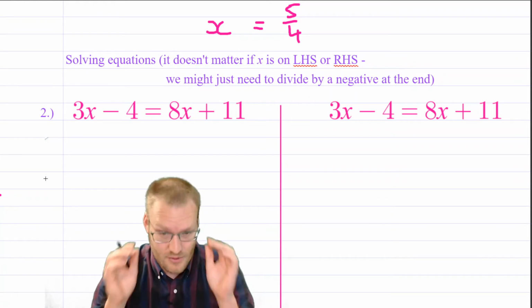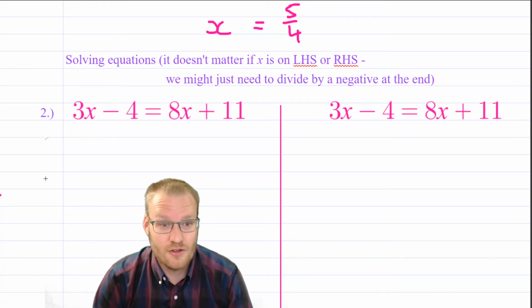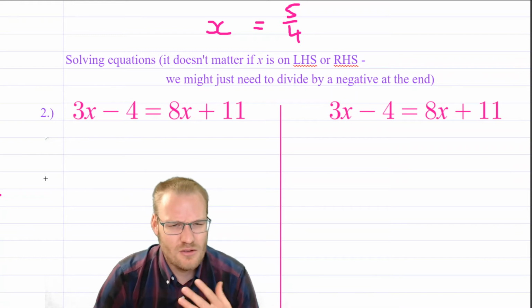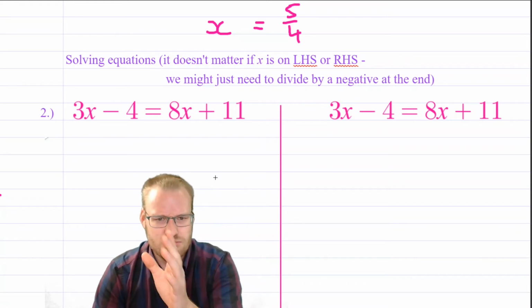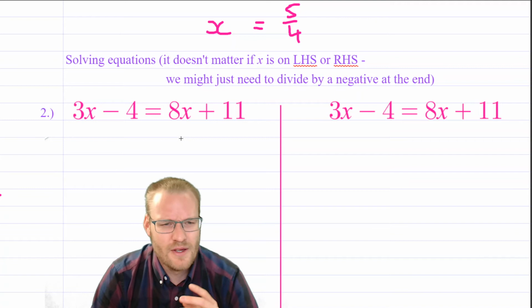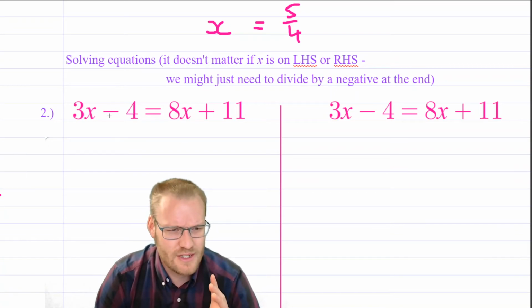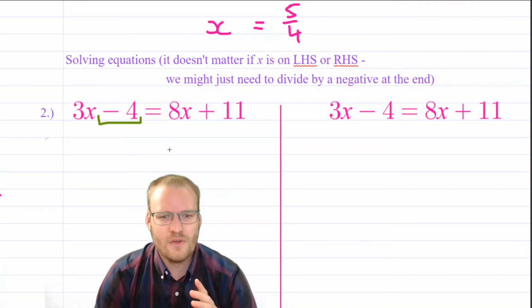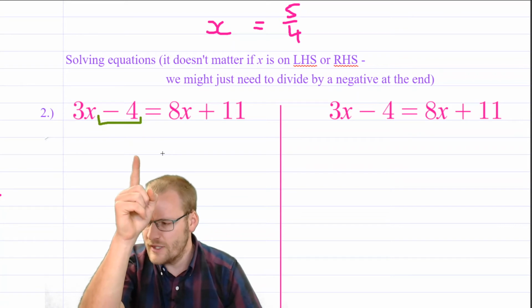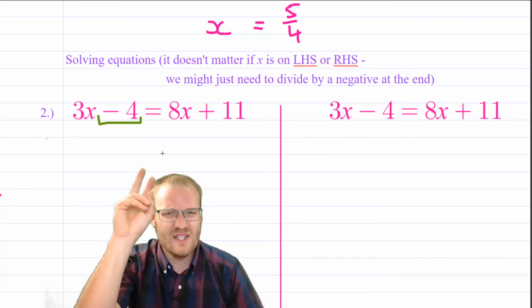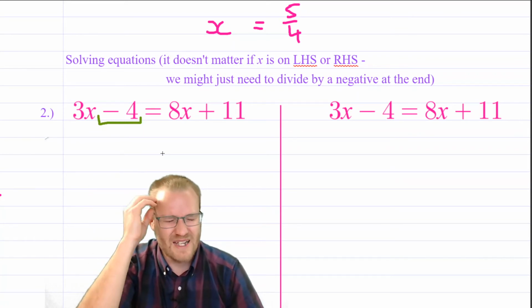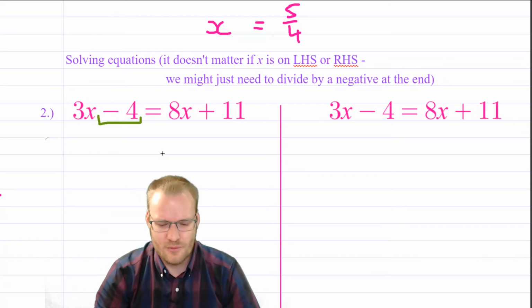New equation. Now go ahead and solve the whole thing through. You can pause, solve it, see how you do. In this case we've got minus 4, and we want to say, what's the opposite of minus 4, so we can eliminate that minus 4?